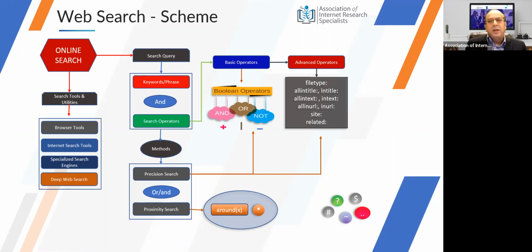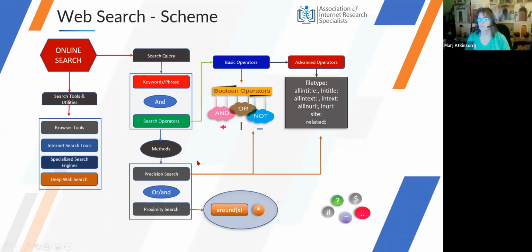That is used to find the missing number of words in between two words or two sets of search terms. So that is also a proximity search operator. The method that we apply in building search queries for proximity search is a little bit different from precision search, and the rules might be a little different also. So that is the method.